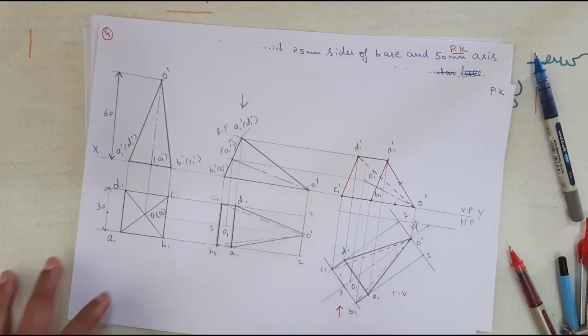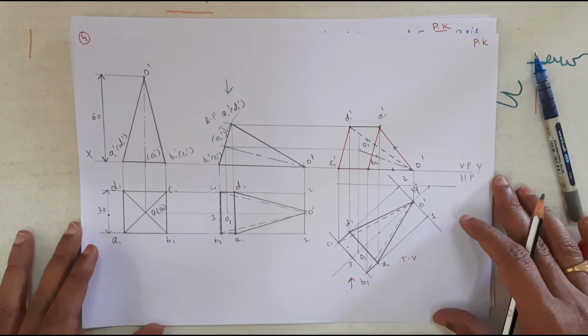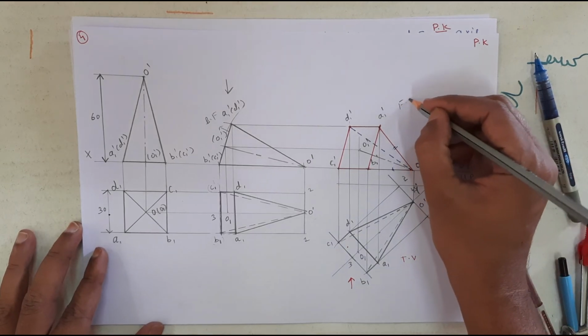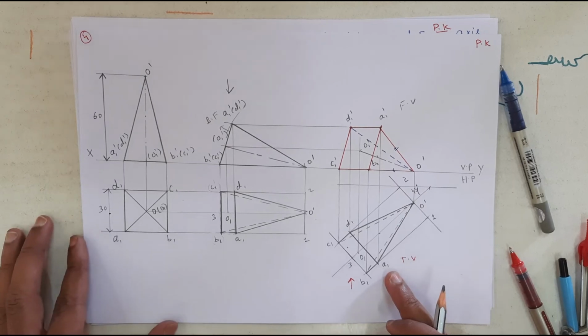To make you understand I am writing this in pen, but you have to write it properly with the help of a pencil only. So this is the final front view and this is the final top view for the given problem.